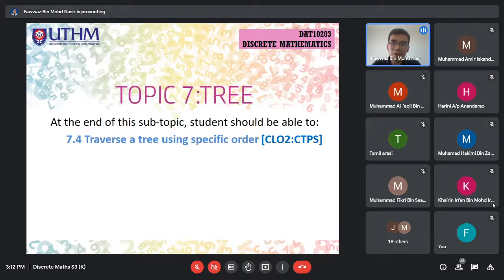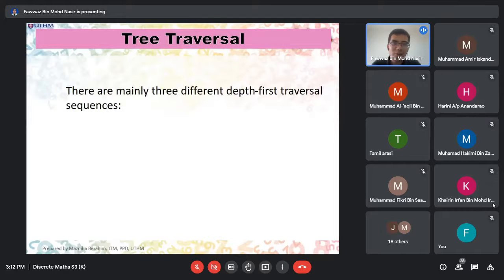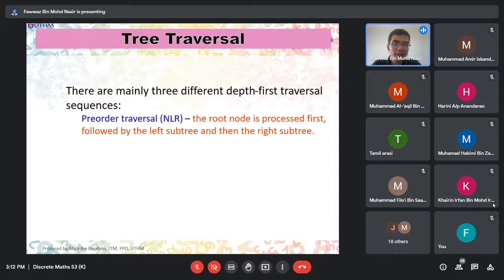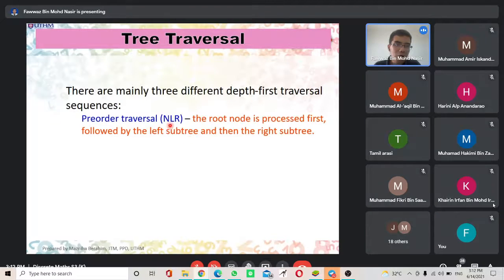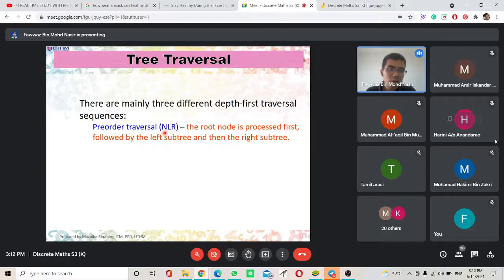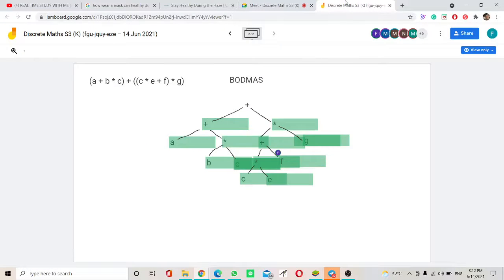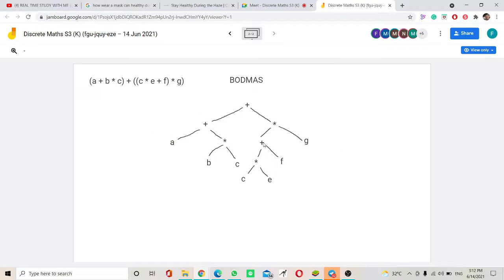So there are 3 types of traversal sequences that we can use. The first one is pre-order traversal. In pre-order traversal, we go to the root first, then we go to the left child and the right child. So NLR.